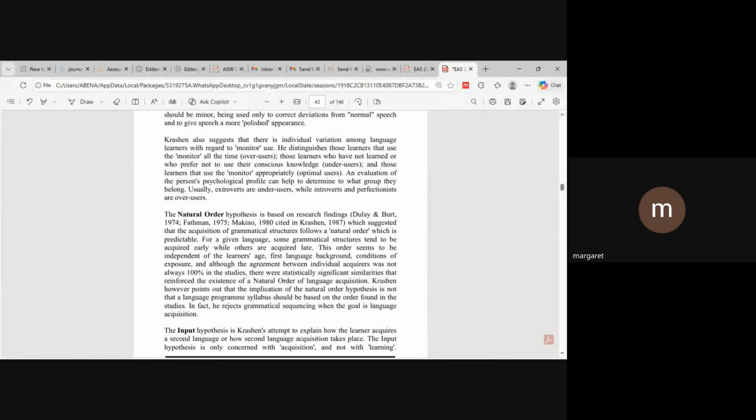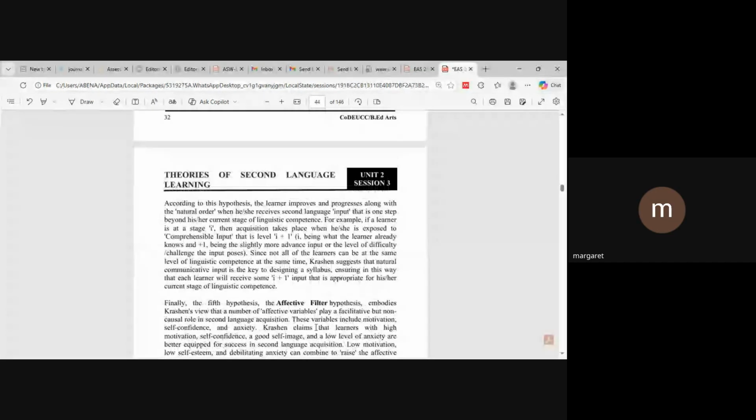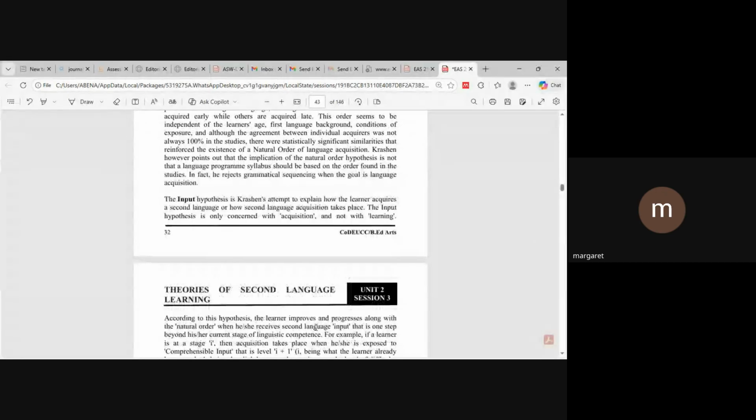Why is it so? There is an order with which your brain works with input at a specific period of time. So that is what this hypothesis is saying. There is a natural order with which we learn a language, okay, and how we learn grammar as well. Let's go. So the next hypothesis, the fifth hypothesis, is the input hypothesis.